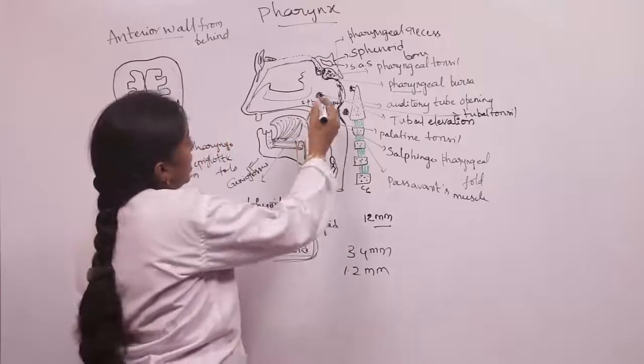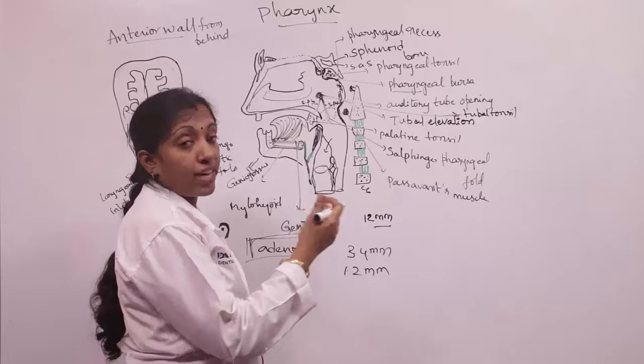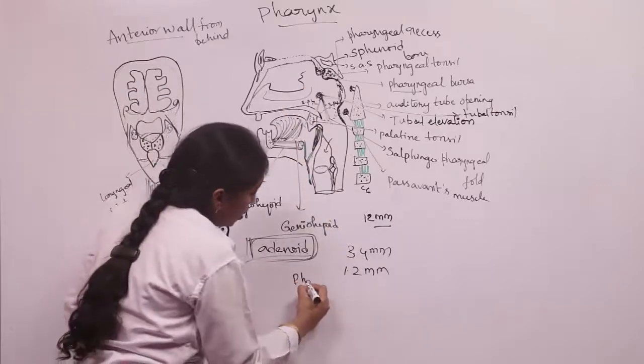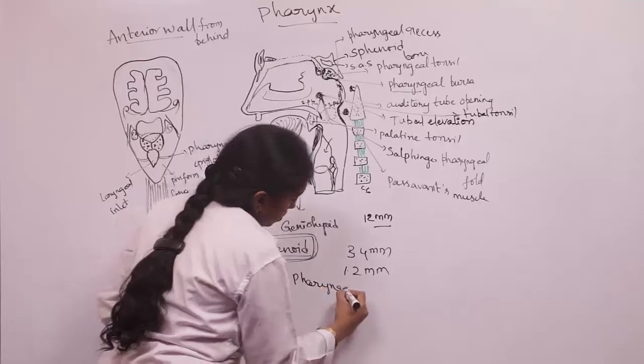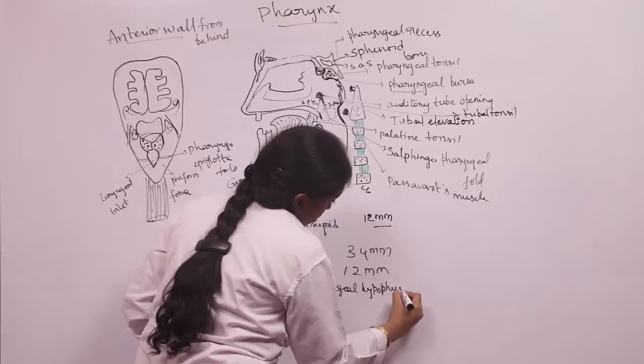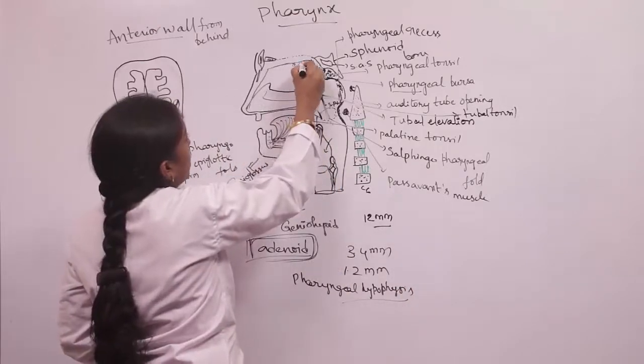One more thing: sometimes in the roof we are able to see the pharyngeal hypophysis. The pharyngeal hypophysis is seen on the roof of the nasopharynx.